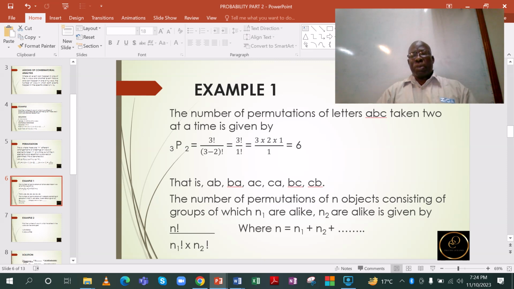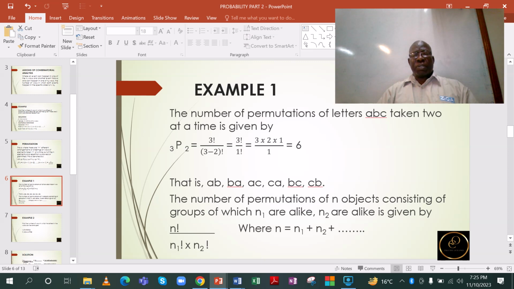So the number of permutations of n objects consisting of groups of which n1 are alike, n2 are alike, is given by n factorial divided by n1 factorial times n2 factorial, where n is equal to n1 plus n2 plus and so on.